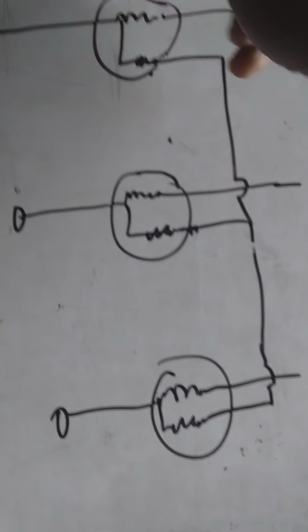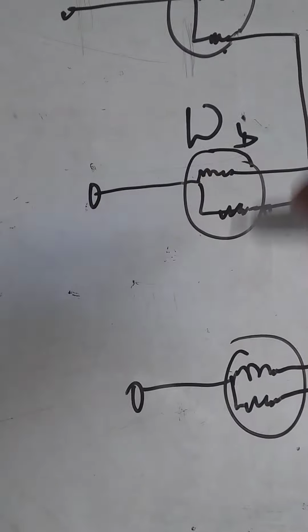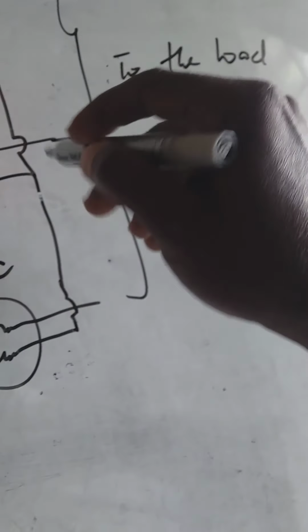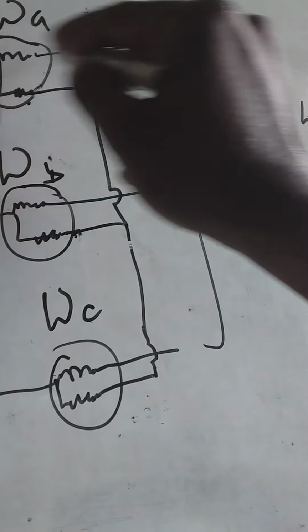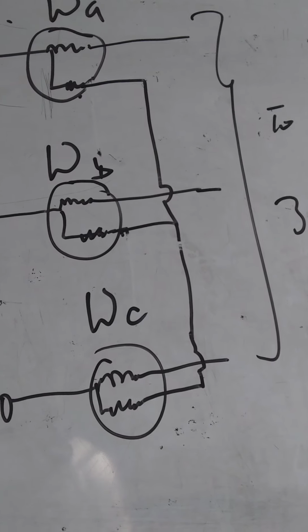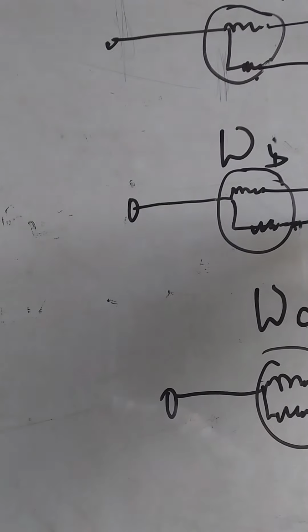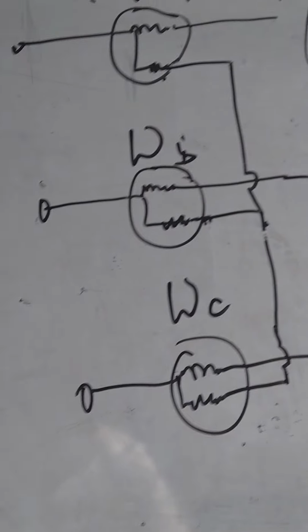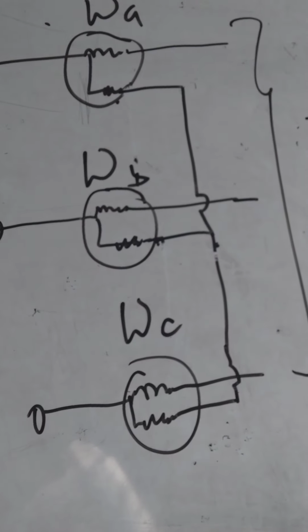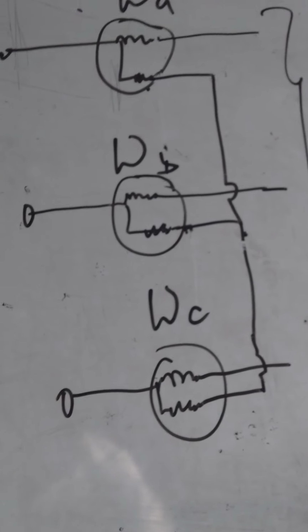So this is wattmeter A, wattmeter B, and wattmeter C with their series current coils on their lines. Then the voltage coils are connected to each other. So when the voltage coils are connected to each other, they form a balanced star connection, right?